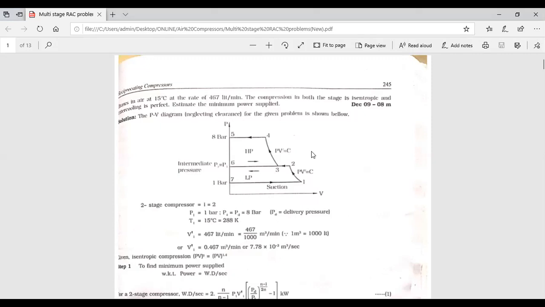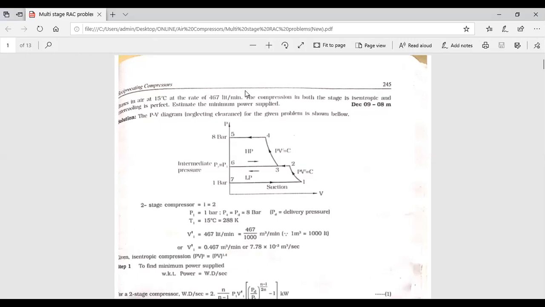Next, the compression in both the stages is isentropic. What is isentropic? It means a reversible adiabatic process. In some cases compression happens adiabatically, and in some cases polytropically.